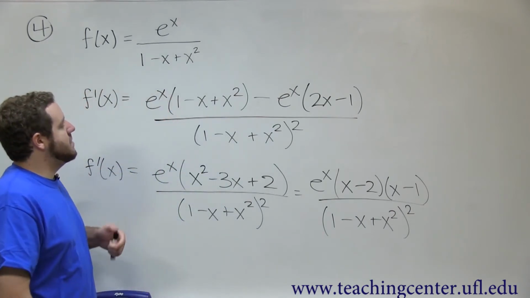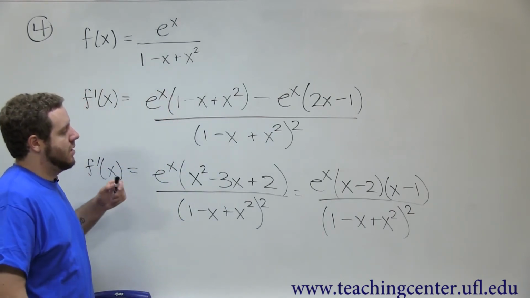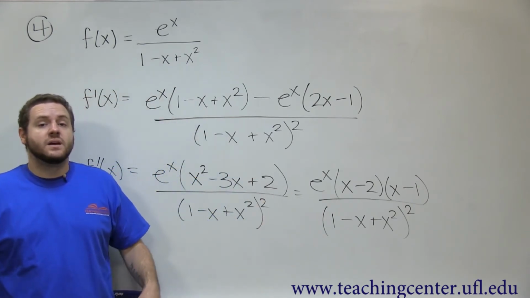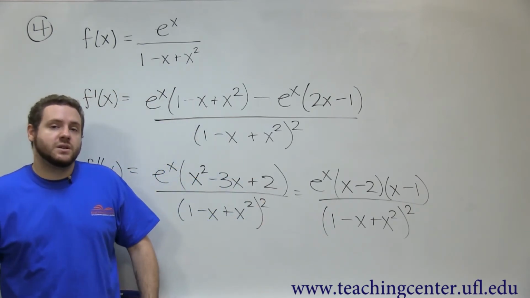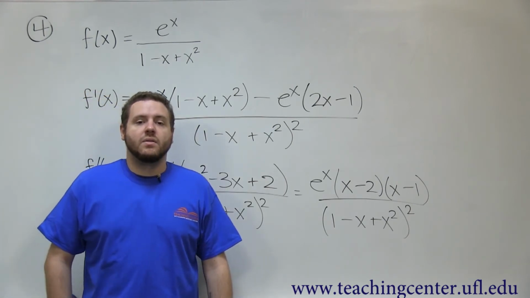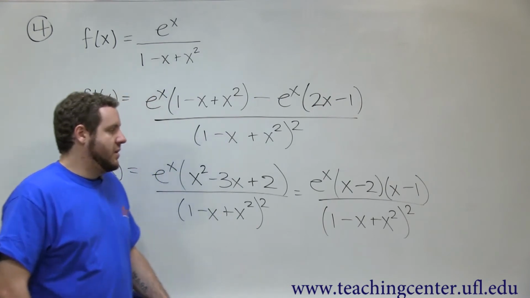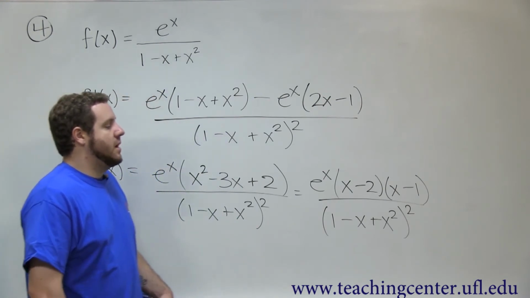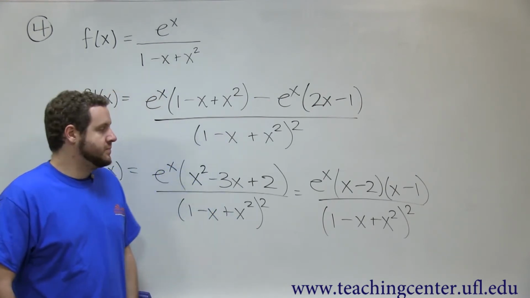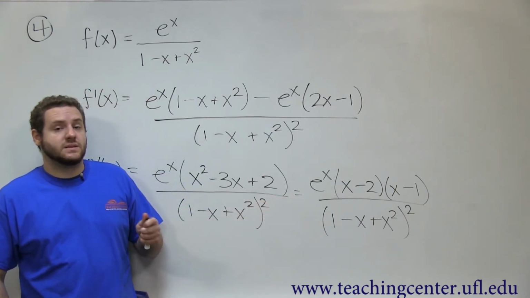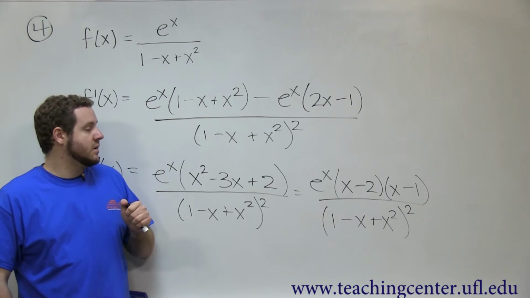Remember, something is a critical number of a function if it makes the derivative equal to 0 or undefined. In other words, if it gives me a horizontal tangent line or a vertical tangent line, then that's a critical number. So we need to figure out where the numerator or denominator of this derivative would be 0. Well, e to the x can never be 0 because that's a property of that function.